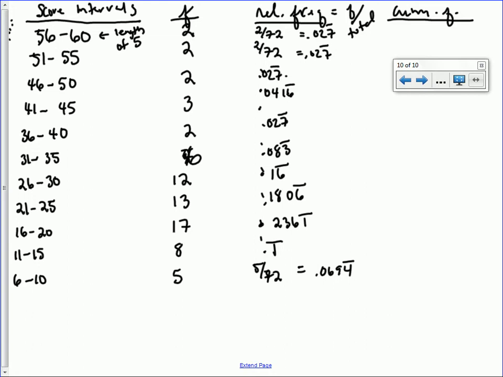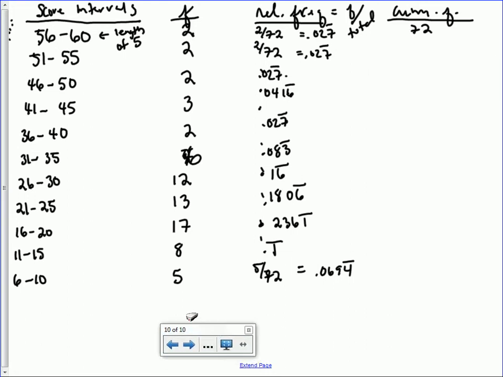The cumulative frequency just counts down. We started with 72 data points, and we take 2 of them away, we end up with 70 left. We take 2 away, we end up with 68. Take 2 away, we get 66.